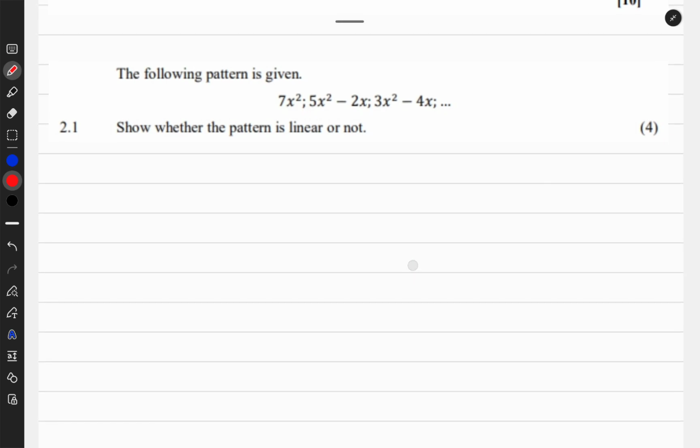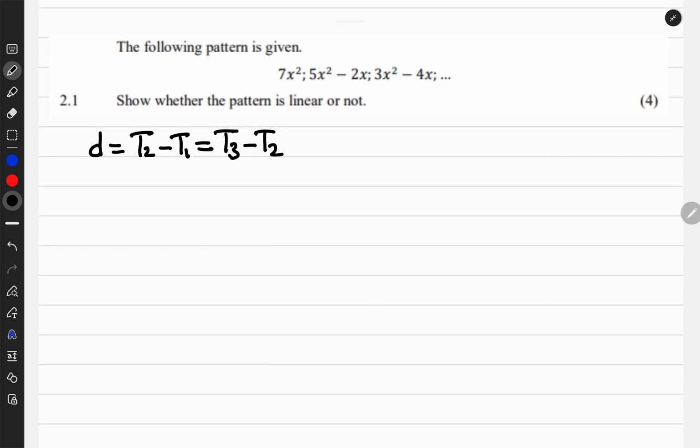To do so, we need to check the difference, using this formula: the difference equals T2 minus T1, which equals T3 minus T2.